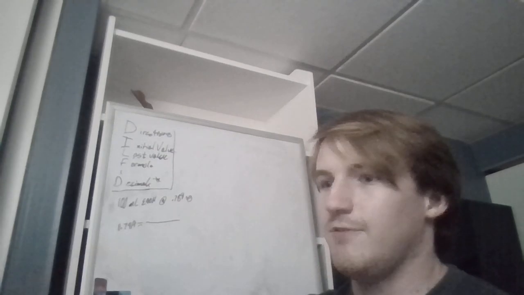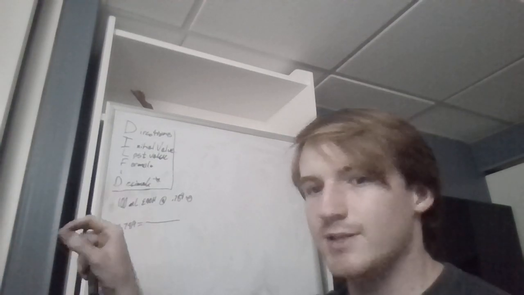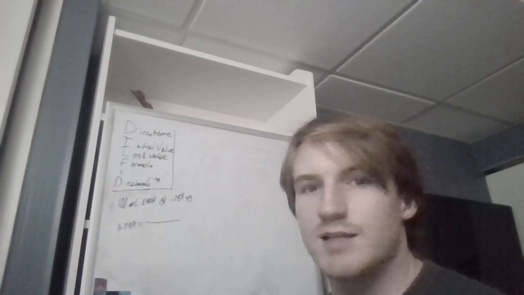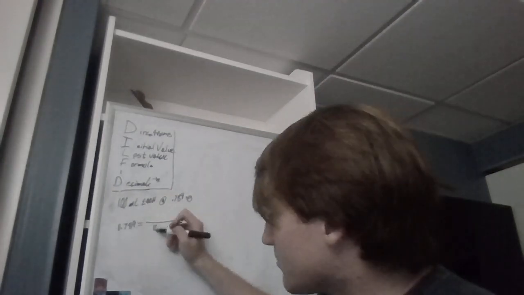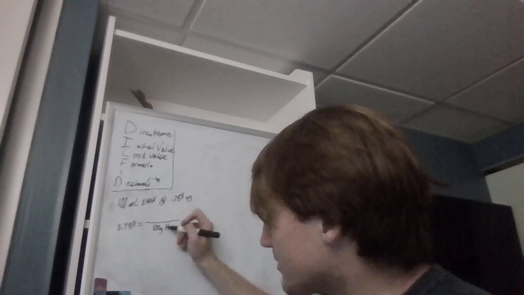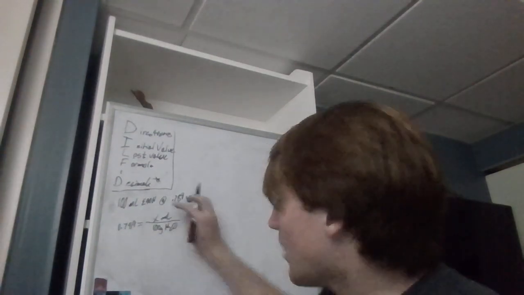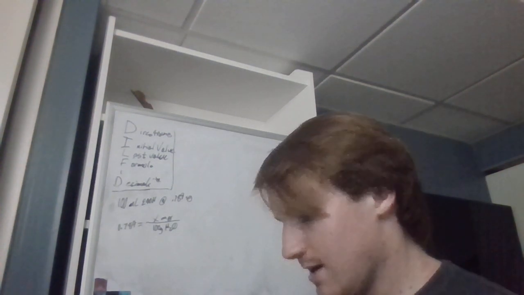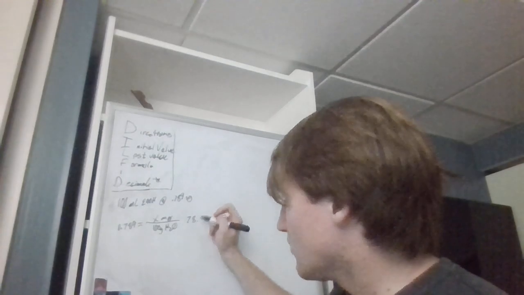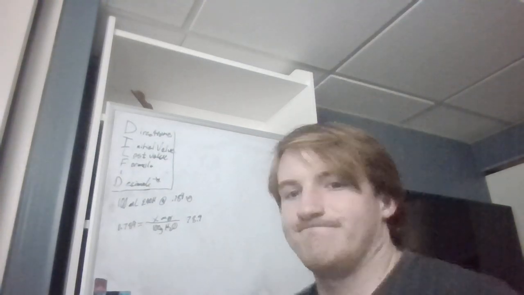I say, if it's in milliliters, I can go straight into grams of water because the density of water is 1 gram per ml. So 100 ml is equal to 100 grams H2O. And we're trying to find how many grams of ethanol we actually have. So that's 0.789 times 100 is 78.9. Done.